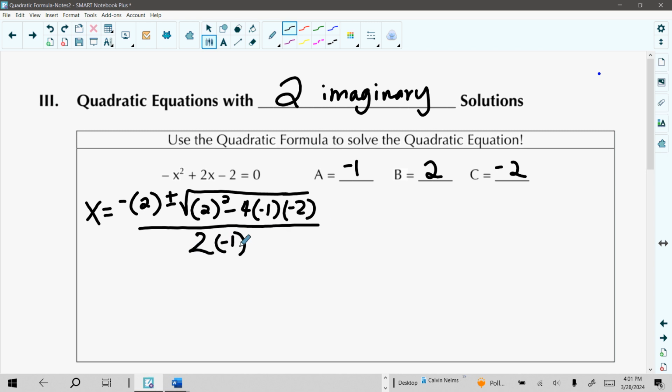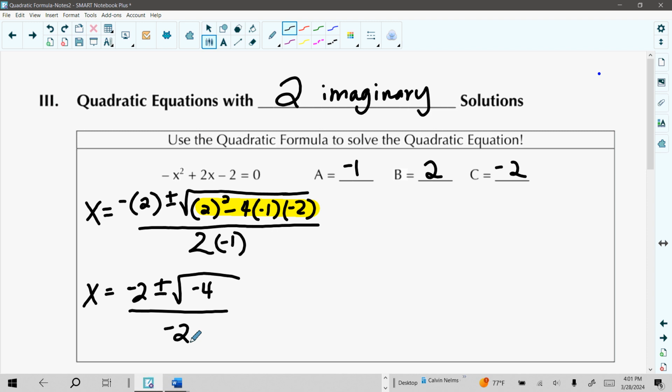So when we simplify and do the computation underneath the radical, we're going to end up with, and I'm going to write it underneath here, negative 2 plus or minus the square root of negative 4, all over negative 2.